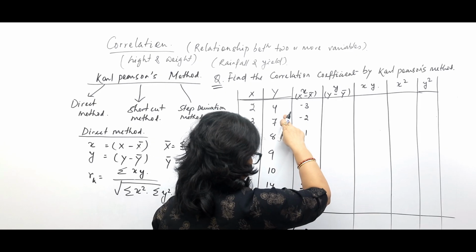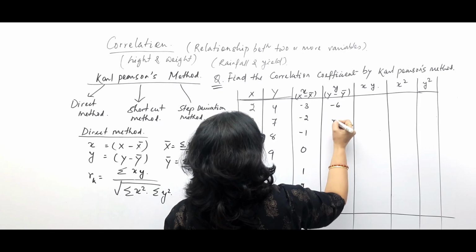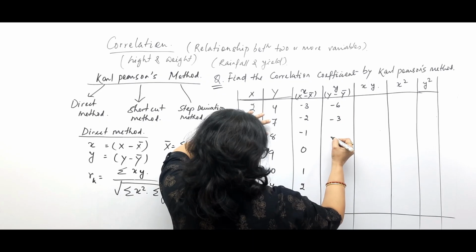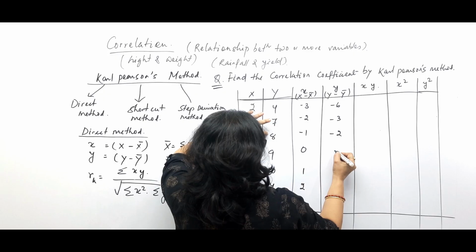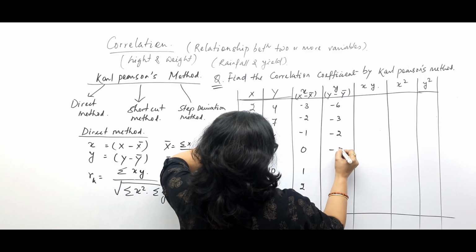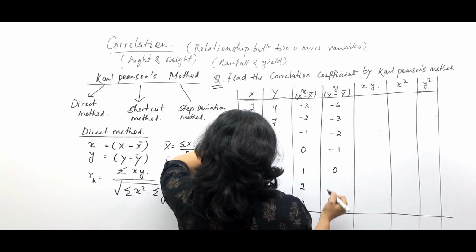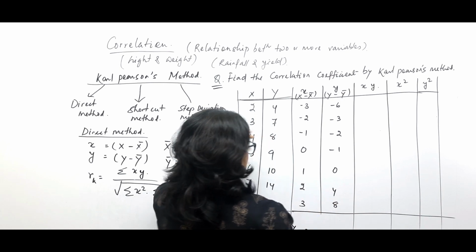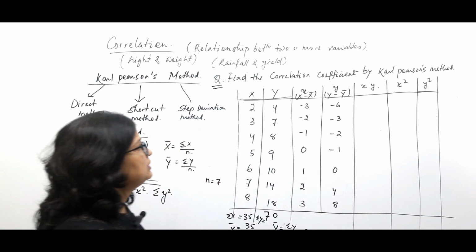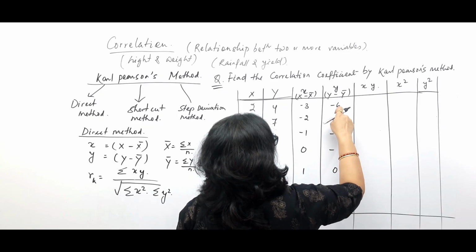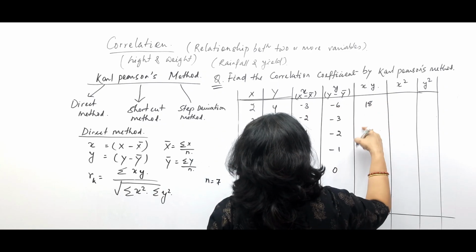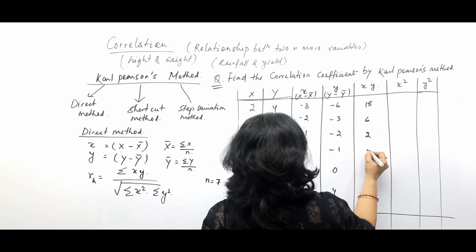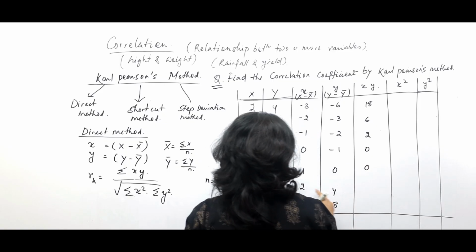Here 4 minus 10 is minus 6, then minus 5, 4 minus 7 is minus 3, minus 2, minus 1, 0, 4, 8. Now I will calculate x into y: 3 into 6 is 18, 2 into 5, 6, 2, 0, 0, 8.